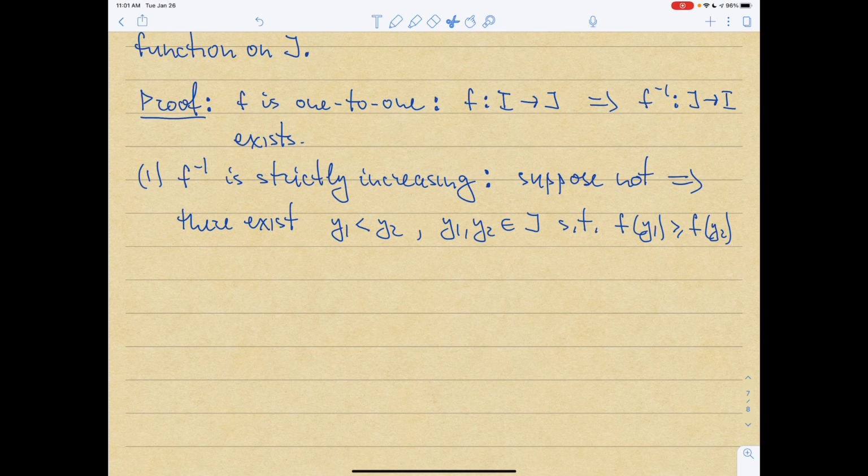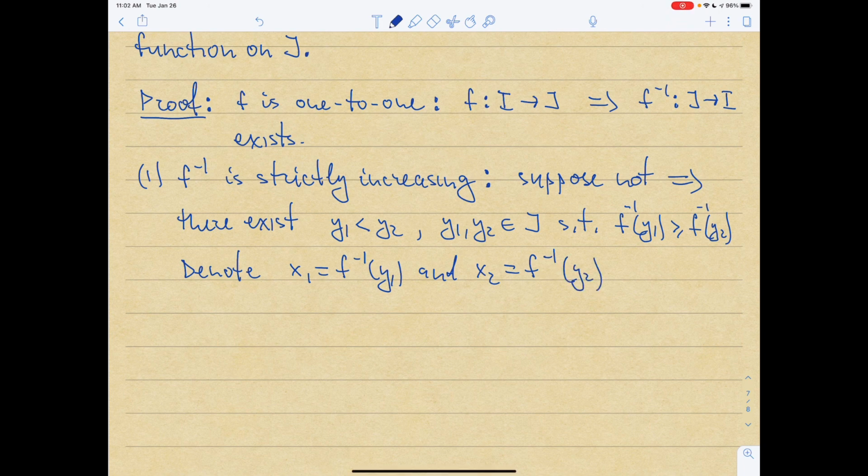All right, and we need to get a contradiction, and in fact it's not f, but f inverse. Okay, so f inverse goes from J to I, right? Then I'm going to denote x1 to be f inverse of y1 and x2 be f inverse of y2.